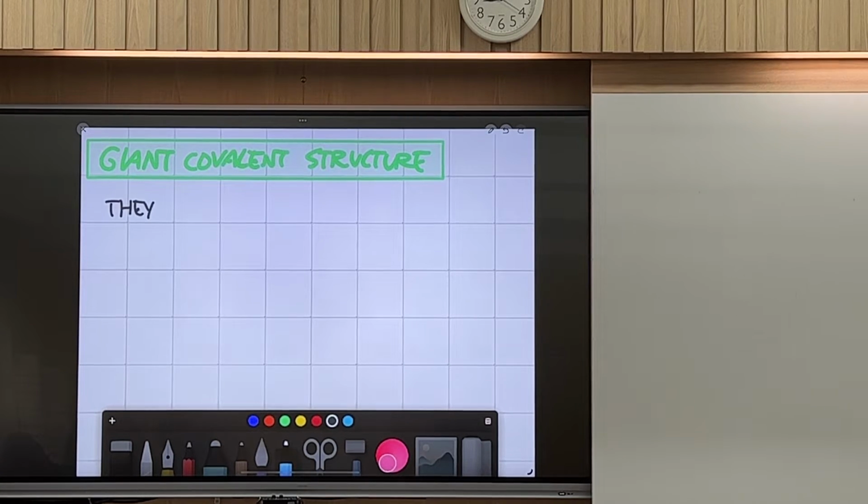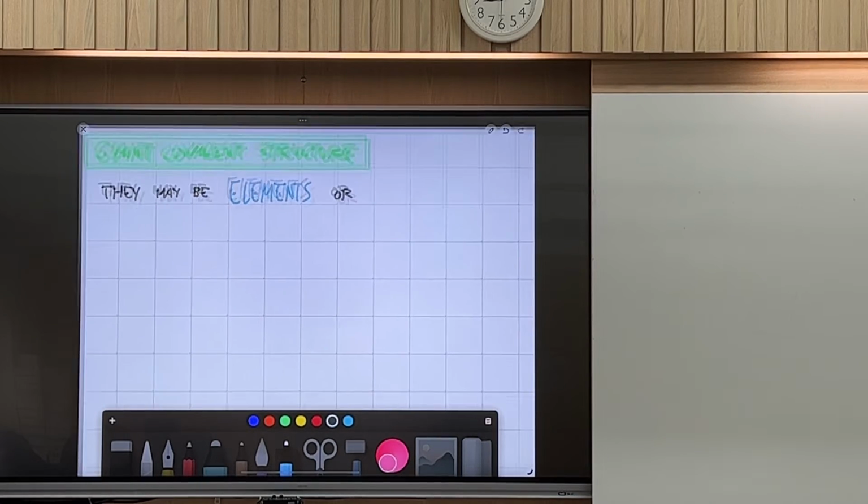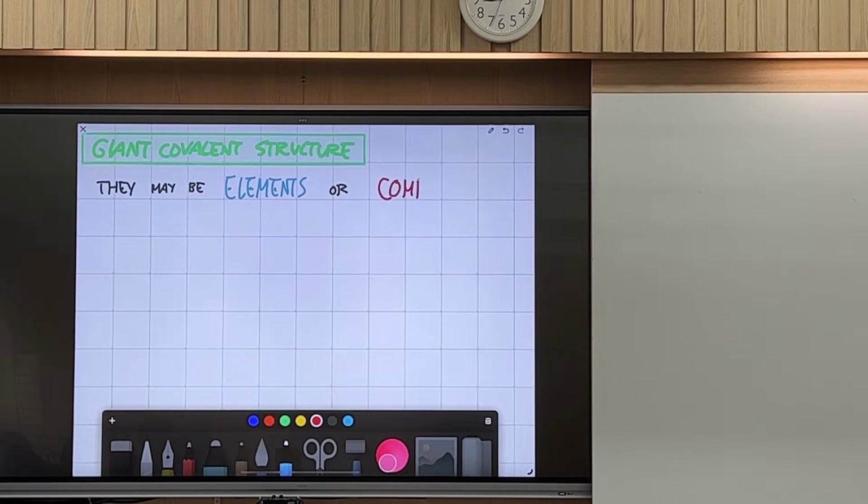So they may be elements or compounds. And I want to give you a few examples that you have to memorize, okay, all of them.